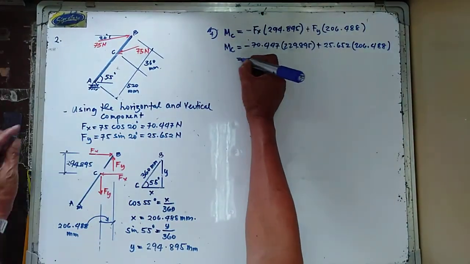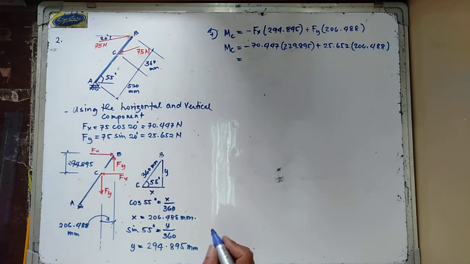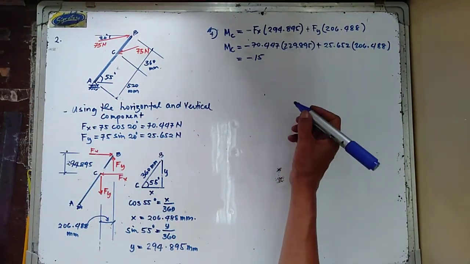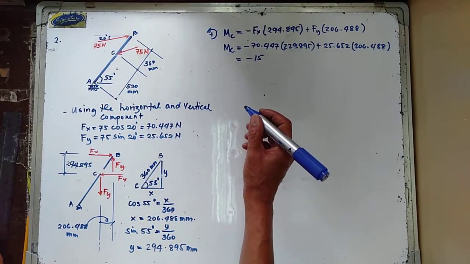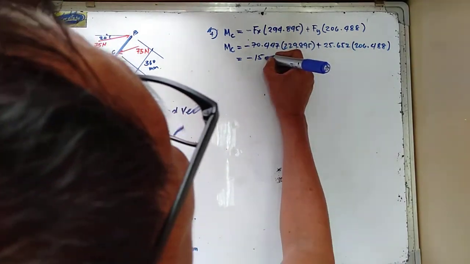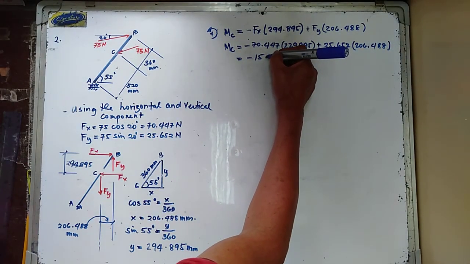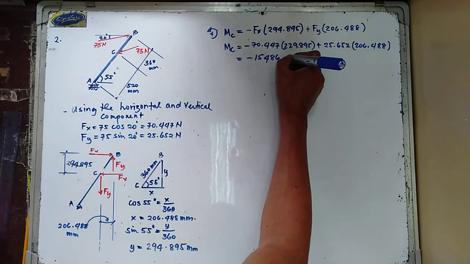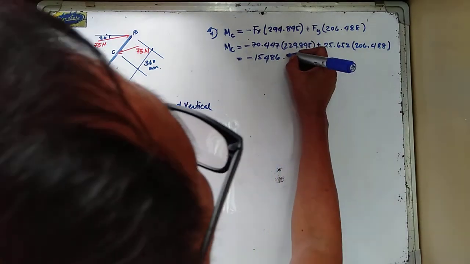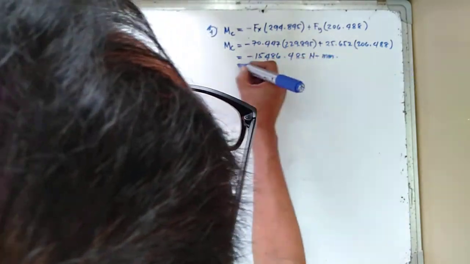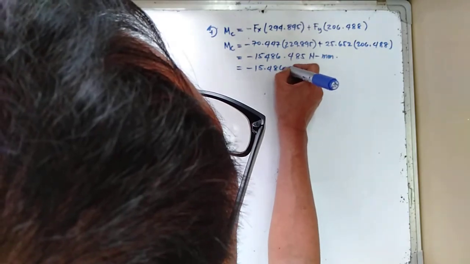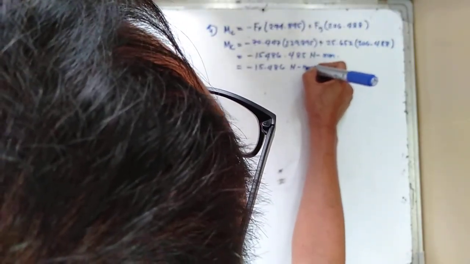206.488. So the moment produced by the couple is now equal to negative 15.486 Newton millimeter, or this is equal to negative 15.486 Newton meter.